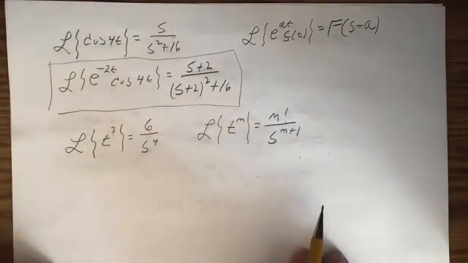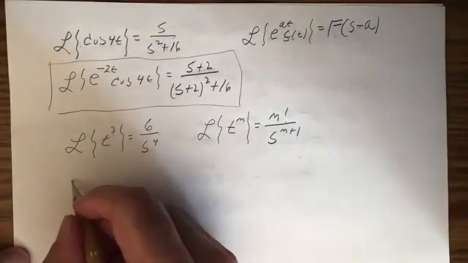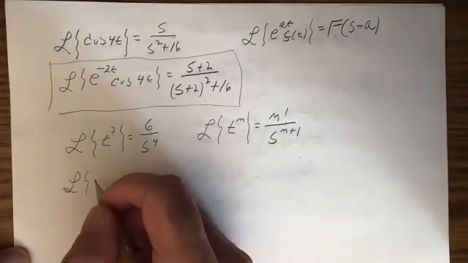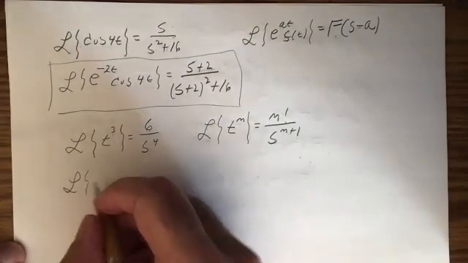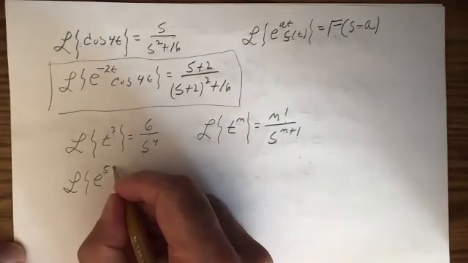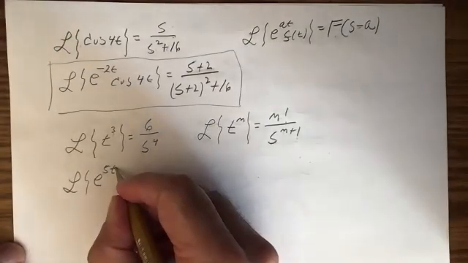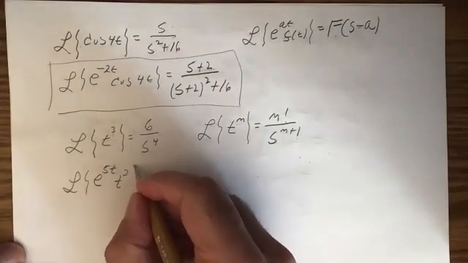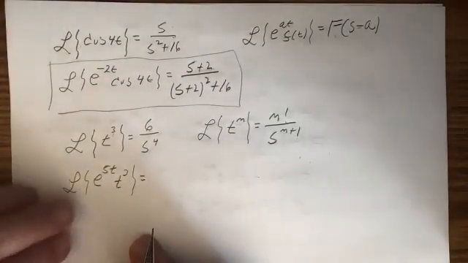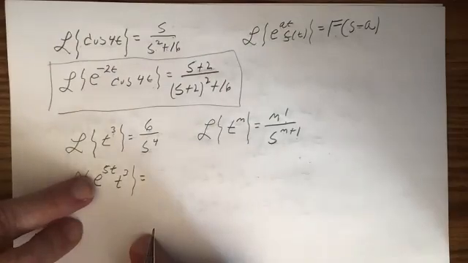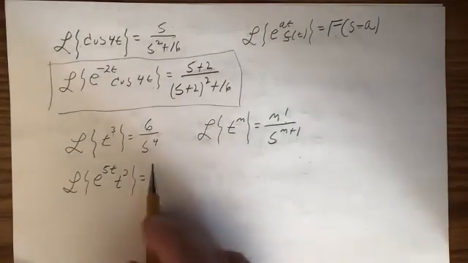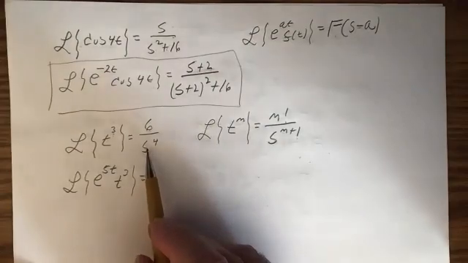But now, suppose I want the Laplace transform of e to the 5t times t cubed. What is this equal to? Once again, I have to shift the s by 5 units.